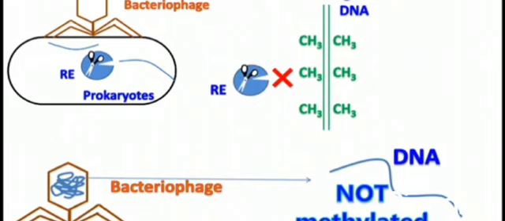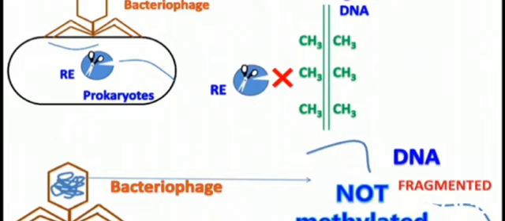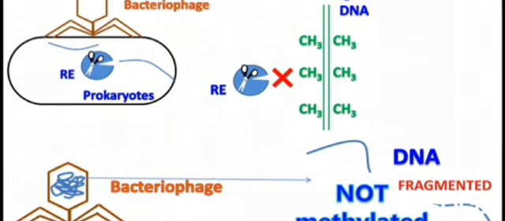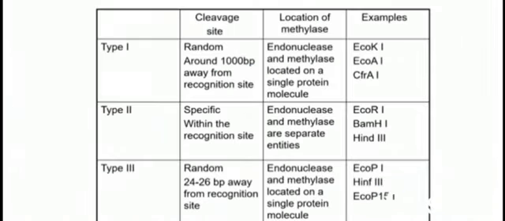So that is why the host genomic DNA is not cleaved by the restriction enzyme, rather it cleaves the bacteriophage DNA. As the bacteriophage DNA is not methylated, that is why the DNA gets fragmented. So the DNA of the bacteriophage will get fragmented, whereas the DNA of the host genome will not be cut by the restriction enzyme.